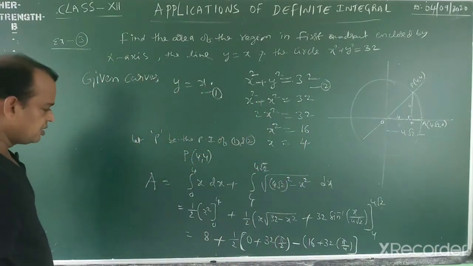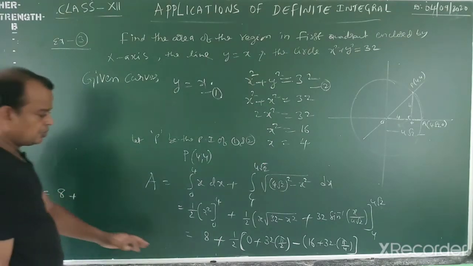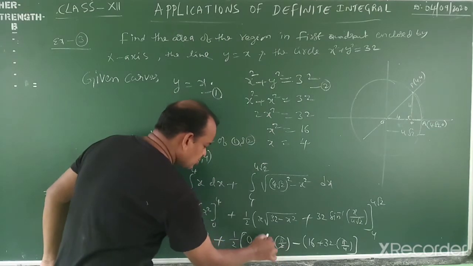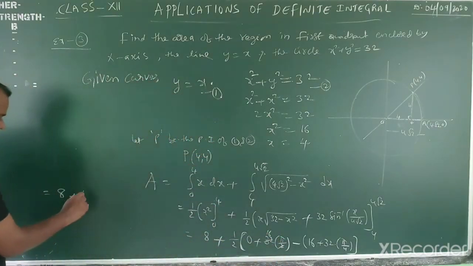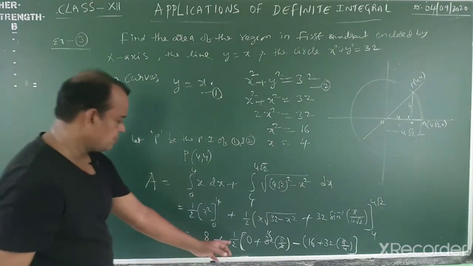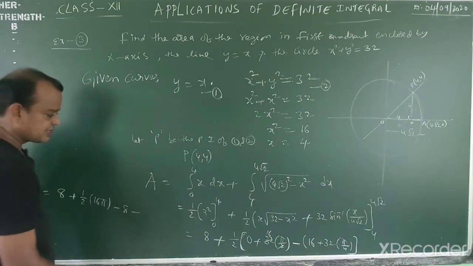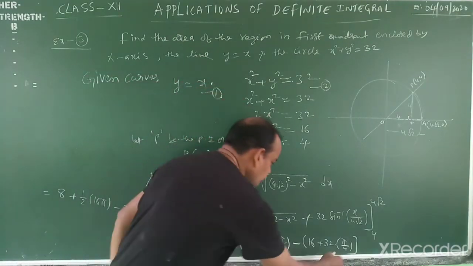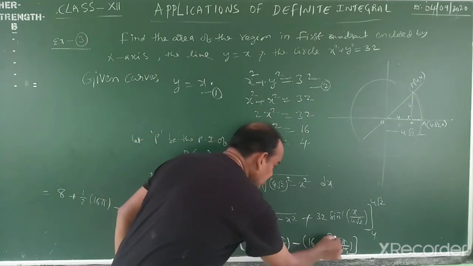Yeah, 8. That is equal to, my dear students, 8 plus 1 by 2 into 16 pi, and 1 by 2 must and should be there, minus 1 by 2 into 16 means minus 8, minus 1 by 2 into 32 into pi by 4, which is 8 pi.